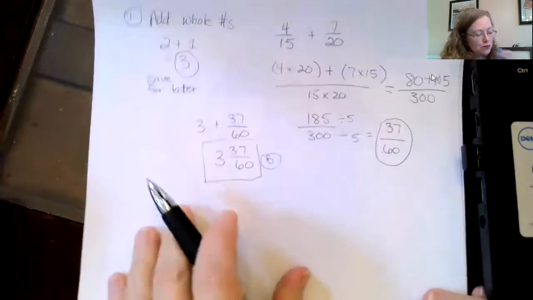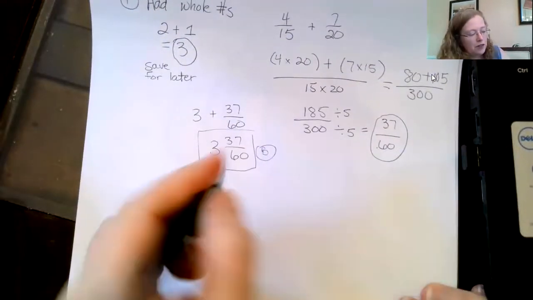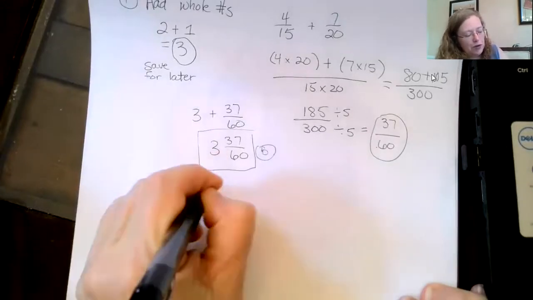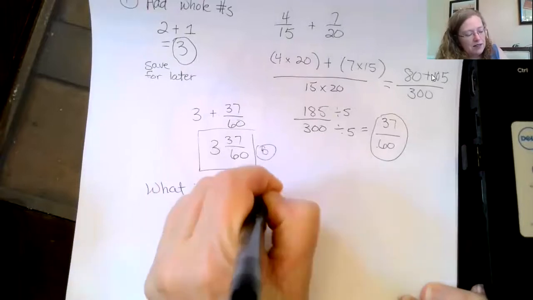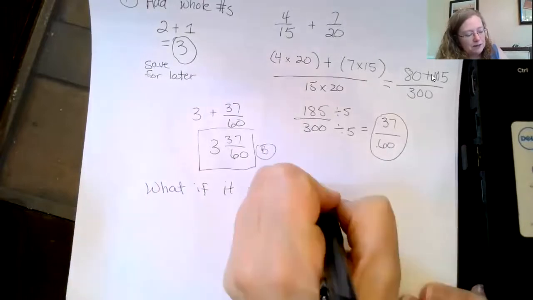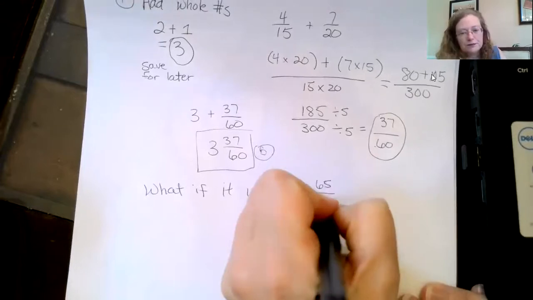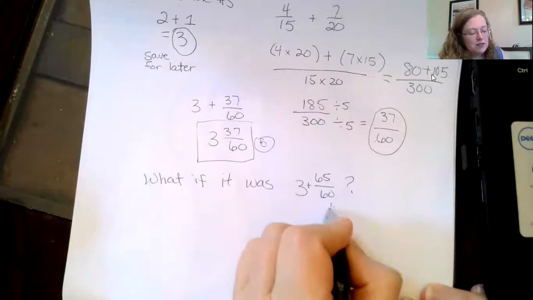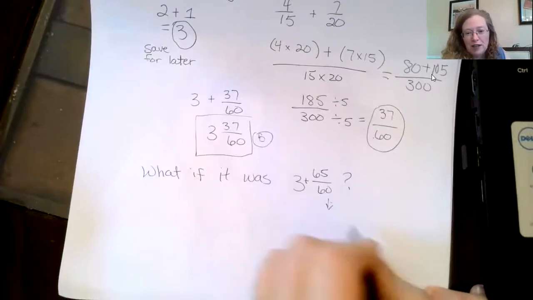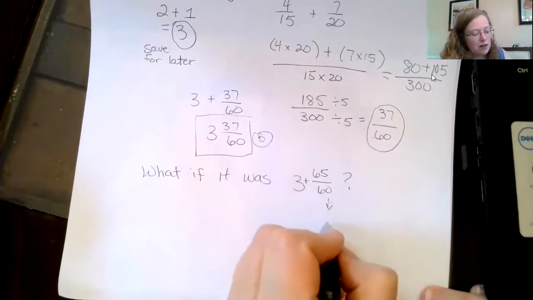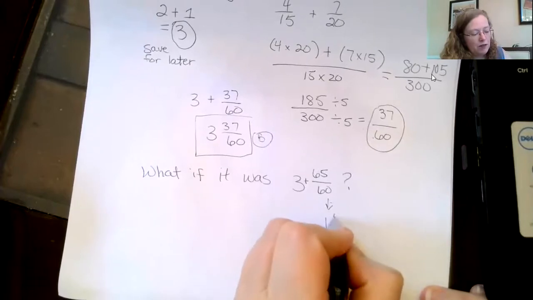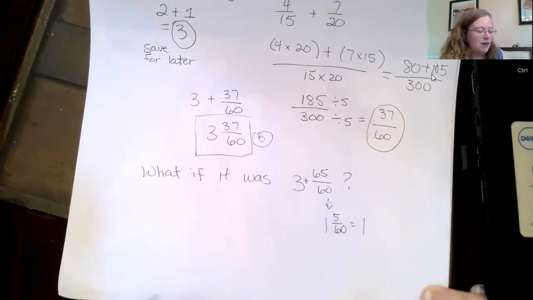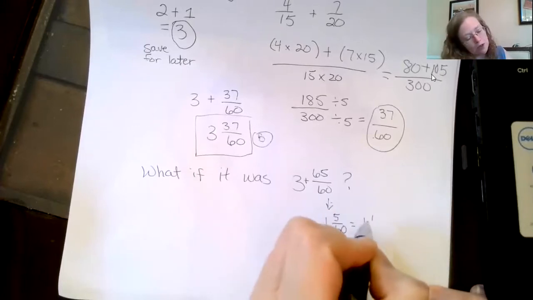What do you do if it was 3 and 65 over 60? So I have an improper fraction. Convert this to a proper fraction. It would end up being what, 1 and 5/60ths, which is the same as 1 and 1/12.